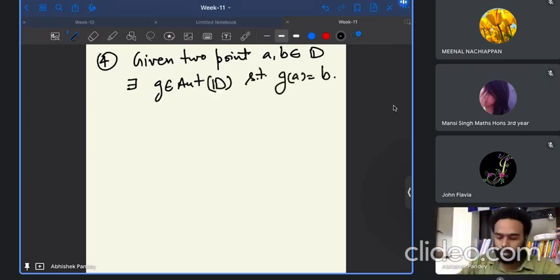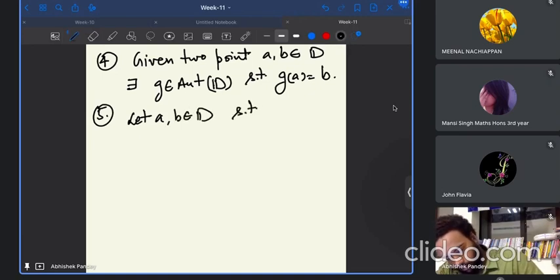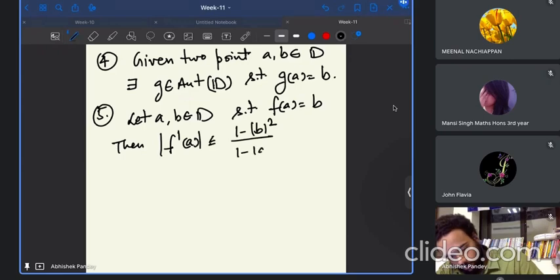We will come to this result later. And the last one: let a, b belong to D such that f(a) is equal to b, then the modulus of f dash a is less than or equal to (1 minus mod b square) upon (1 minus mod a square).